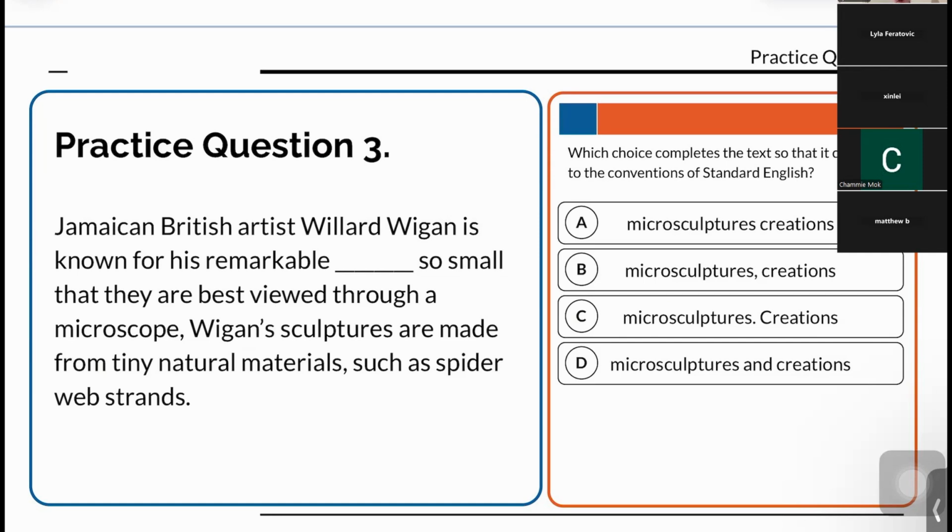But try this one on your own real quick. Take another second, see if you can lock in your answer, and then we'll go over it.